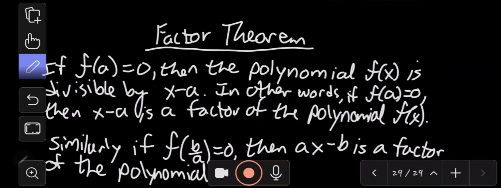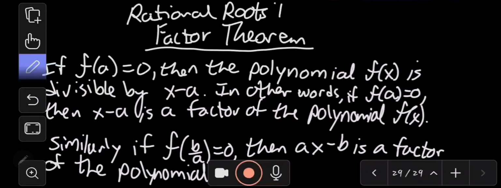So rational numbers are, remember, a ratio of two integers, with the restriction that you cannot obviously have the integer 0 in the denominator, but otherwise the numerator can be 0. So this is also called the rational roots theorem.